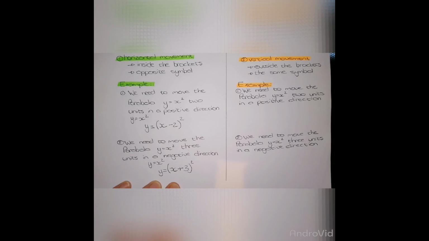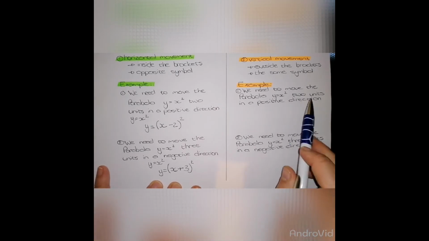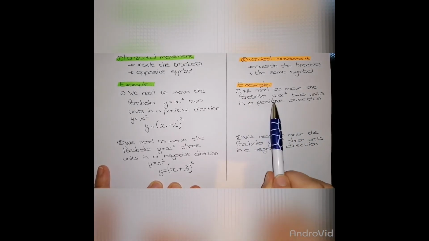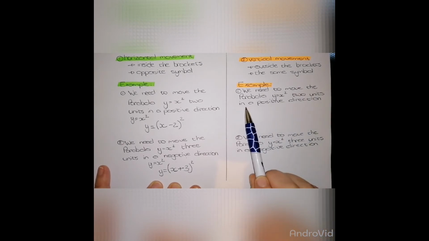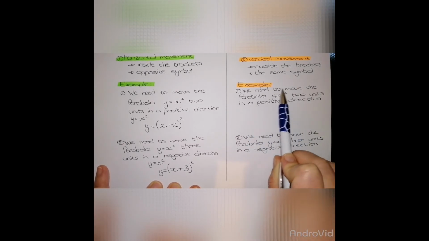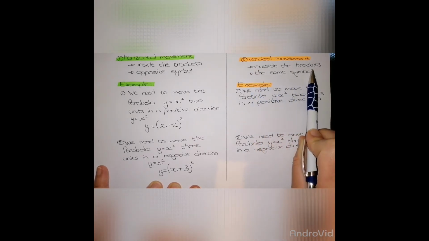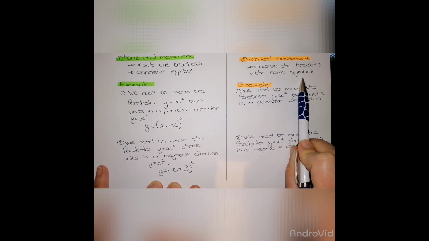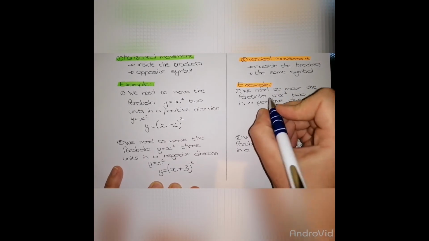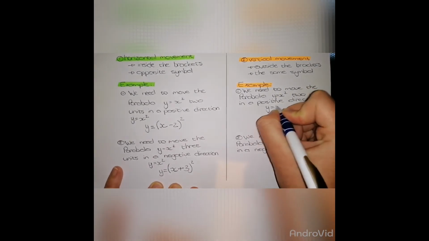Now we go to the vertical movement examples. Let's read. We need to move the parabola y equals x squared 2 units in a positive direction. Once again, this is the basic parabola. Our rules are it has to be outside the brackets and it has to be the same symbol. So I'm going to write down my equation. y equals x squared.